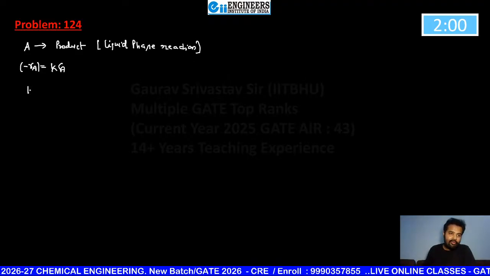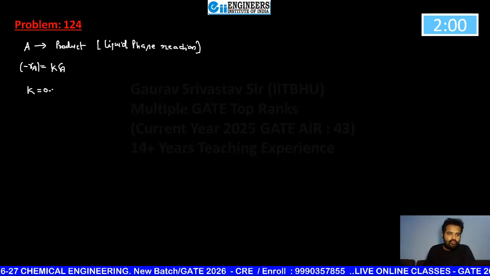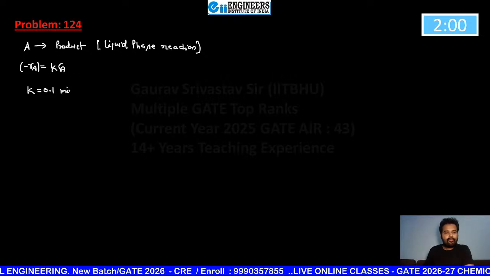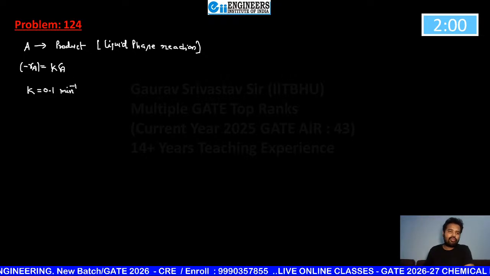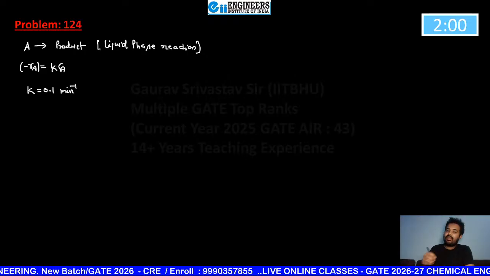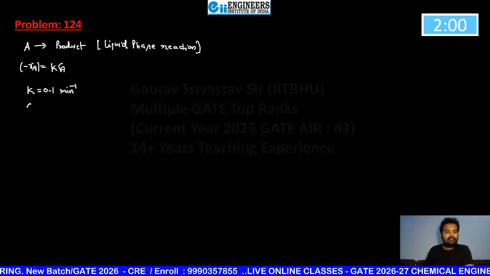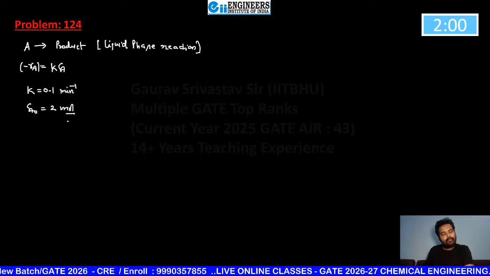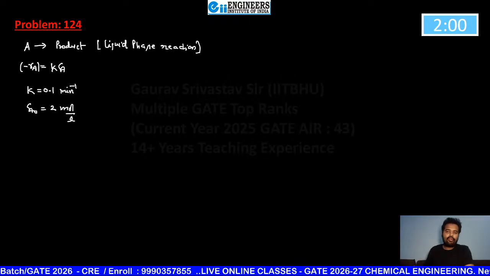And the value of K you can assume 0.1 minute inverse, first order, so the unit will be time inverse. The value of CA0 is 2 mole per liter, and the value of FA0 take as 10 mole per minute.